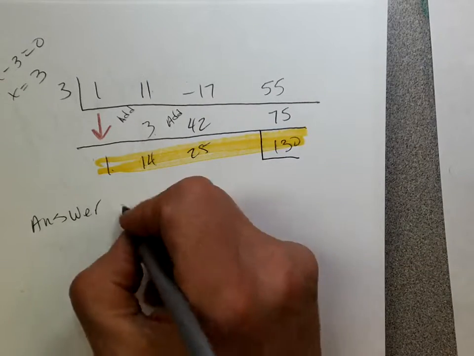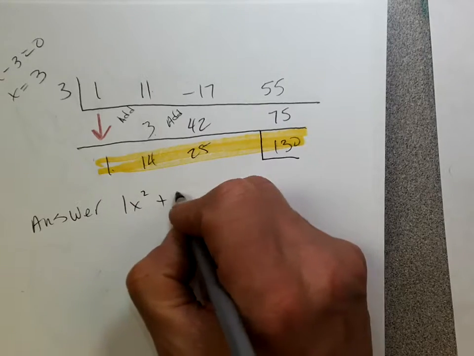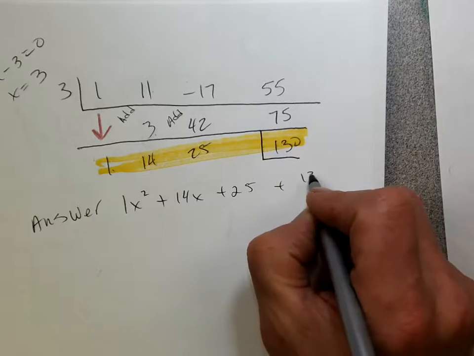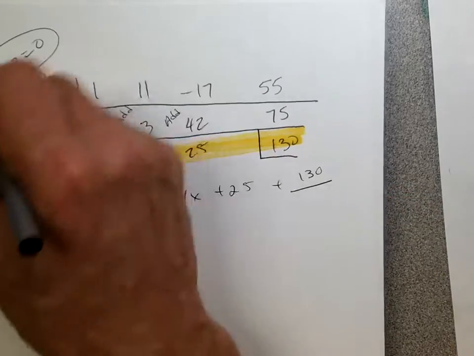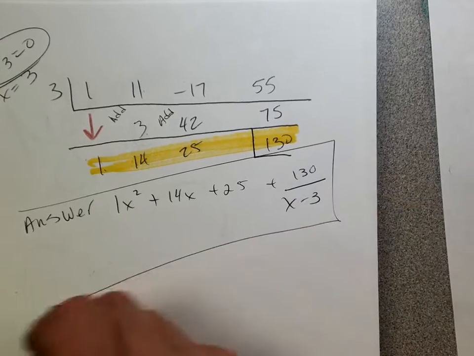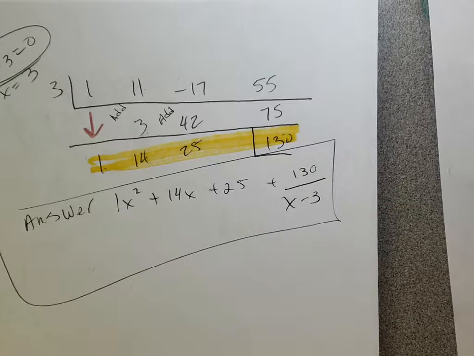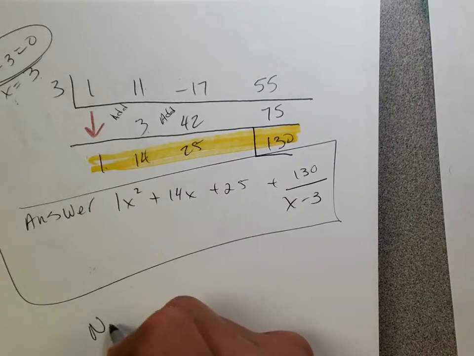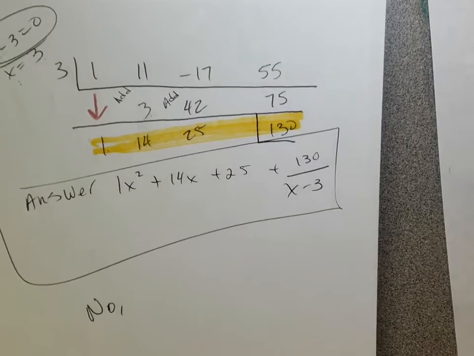So we're going to go back and call it a 1x squared plus a 14x plus a 25 plus 130 over, what do we divide by? X minus 3. There you go. Nice job. Okay. Now, did it go in evenly? So is x minus 3 a factor? No. So you say no, and you have to say why. It's as easy as this. Why?